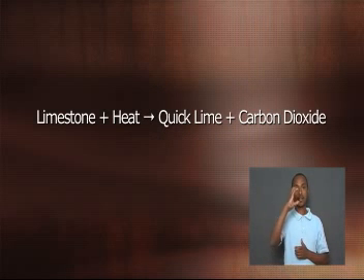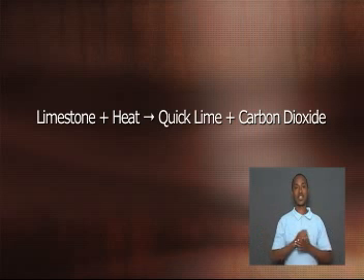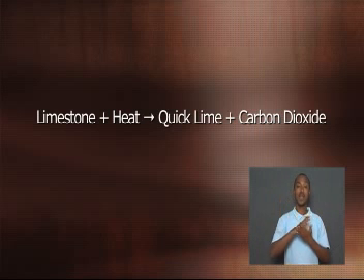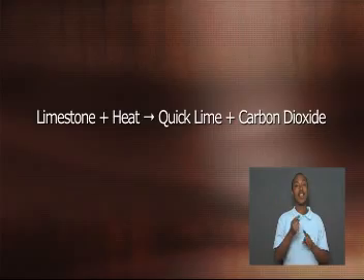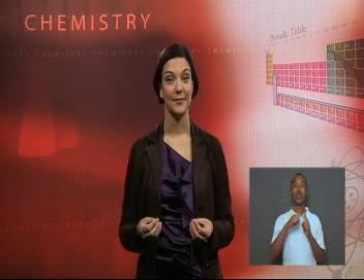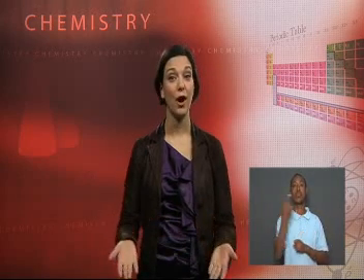Limestone is broken down by a chemical reaction to produce quicklime and carbon dioxide. Quicklime is used to remove impurities in making steel from iron. It is also used to neutralize soils that are too acidic, making them easier to use in farming.